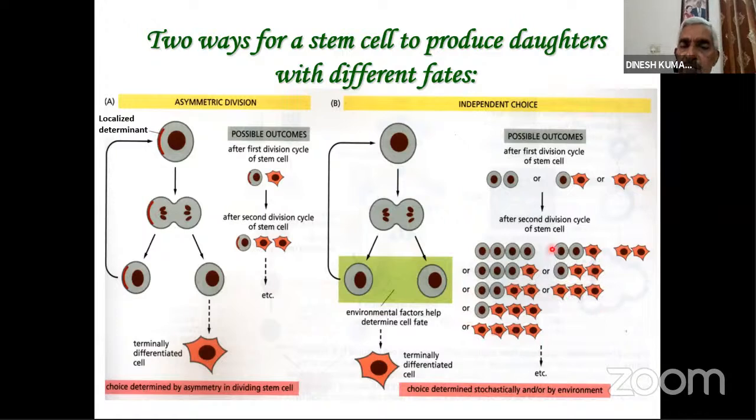It all depends upon the environment surrounding that portion. So this is independent choice, and these are the possible outcomes of the stem cells. So in this way, the environment surrounding the stem cell and the situation which that cell faces is important for its determination into a differentiated cell or a stem cell.